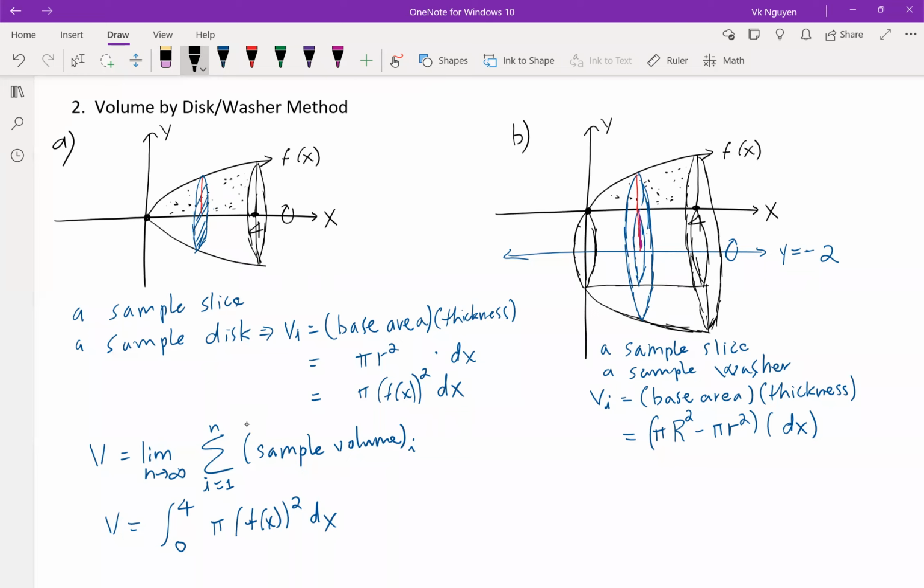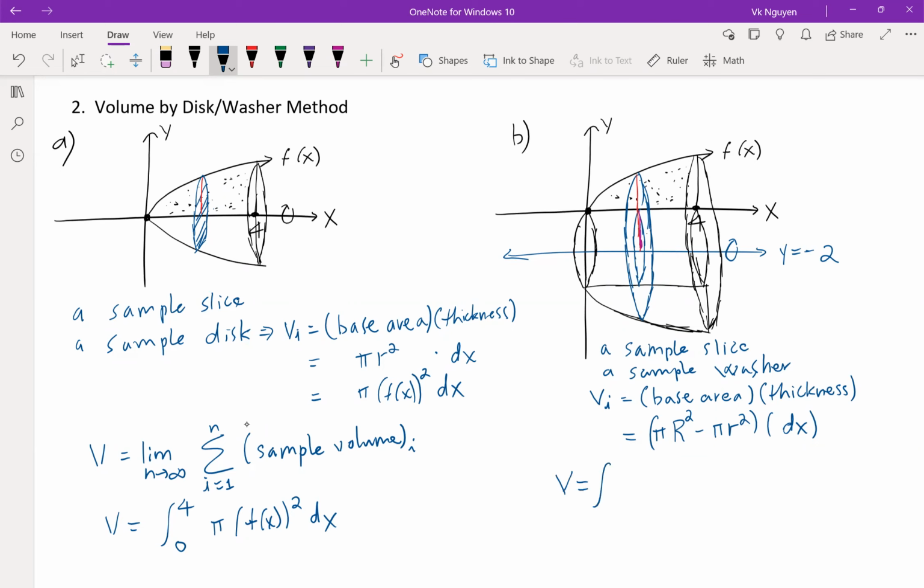I'm just going to go through the formula here so you see how to set up the integral to compute the volume. Similar to how we compute the volume by the disk method, we have to do the limit of the Riemann sum. And the limit of the Riemann sum is exactly the integral.